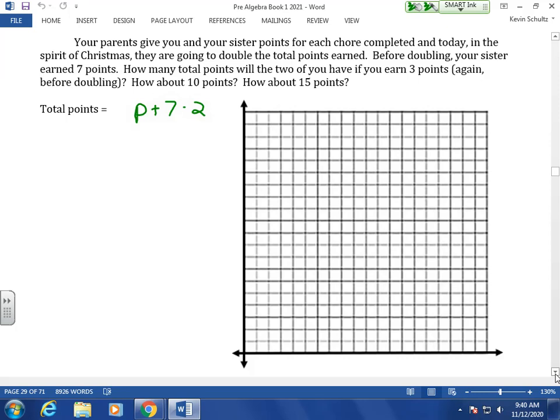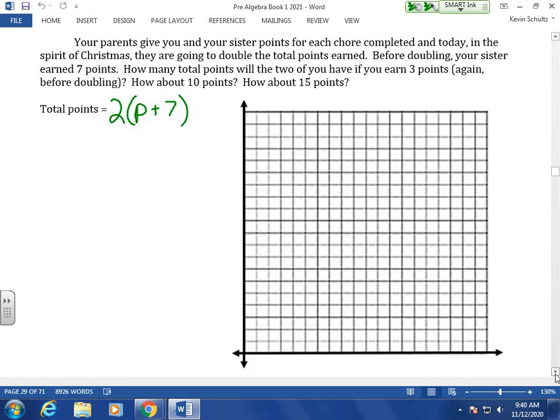The way it's written here, I've got to multiply 7 and 2 before I add P. If I want to show that I'm multiplying P plus 7, parentheses, yes. In this one, parentheses are necessary because we are doubling the total points that you and your sister earn. Okay? So 2 times P plus 7.